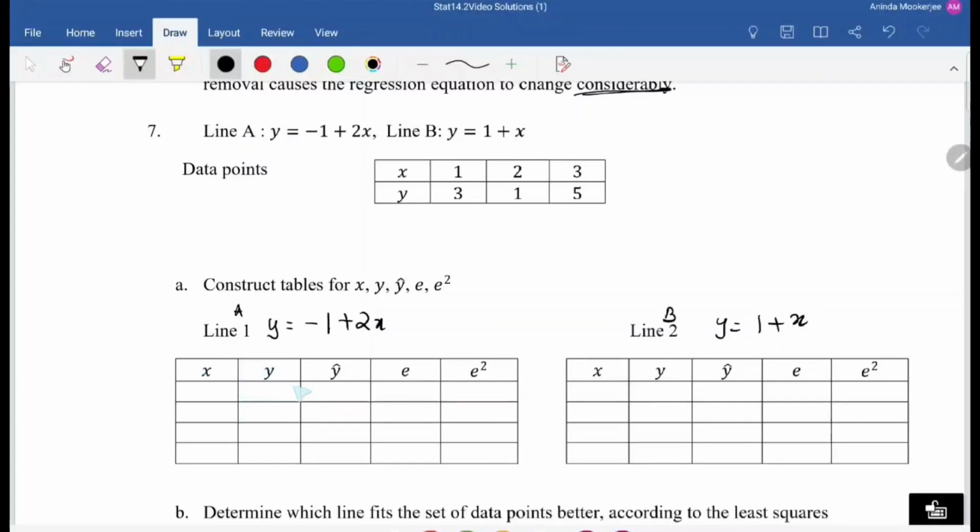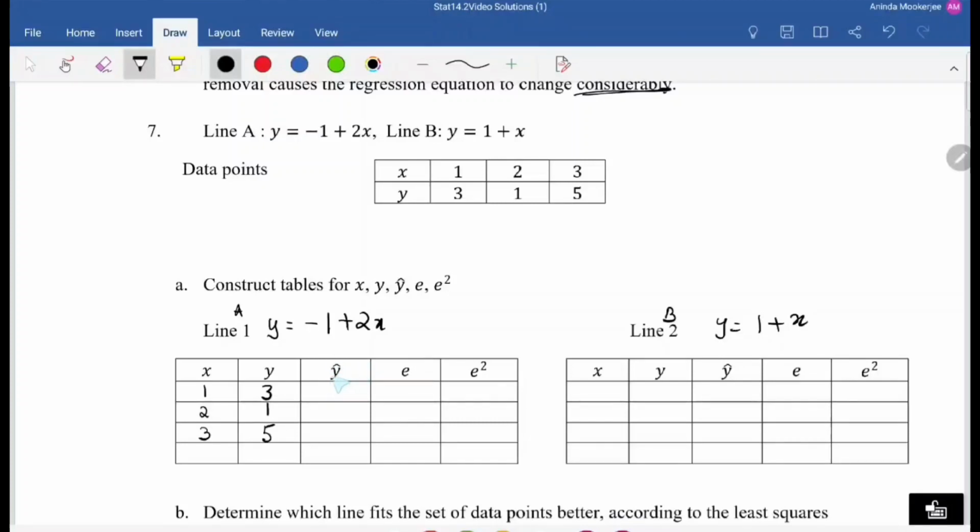So for the first two columns, we just write down whatever values are given to us for x and y. So x is 1, 2, and 3. The corresponding y values are 3, 1, and 5. Now that we have completed the first two columns, the next column says write the values of y hat.